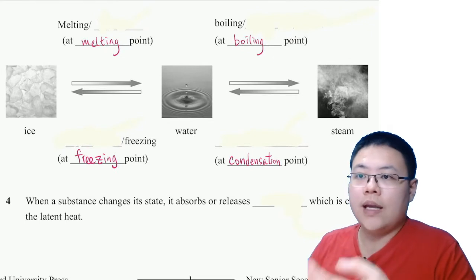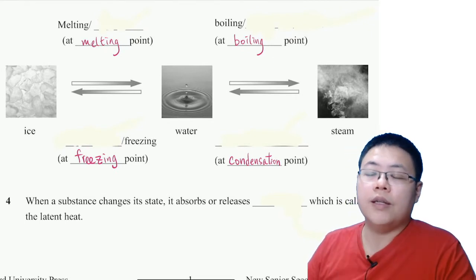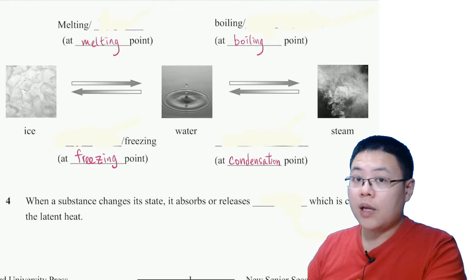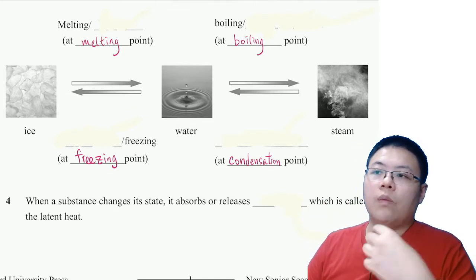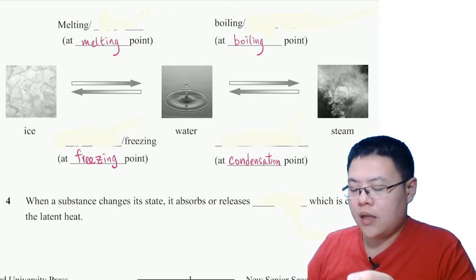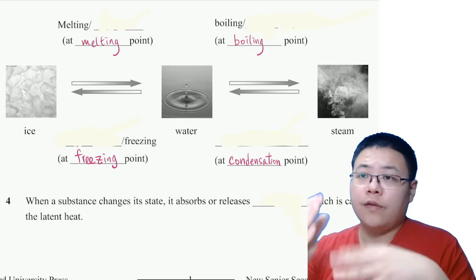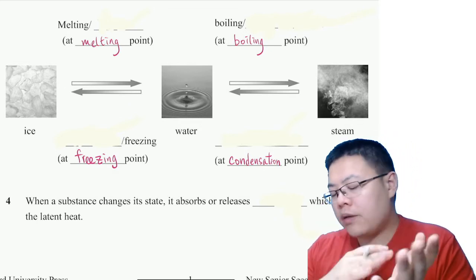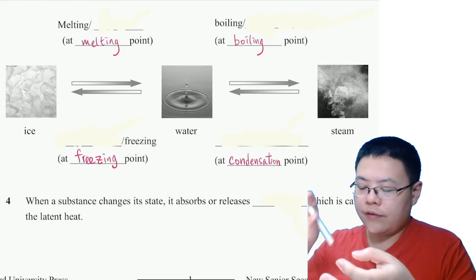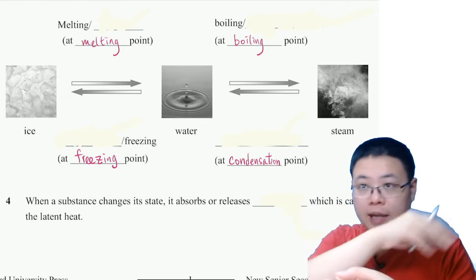Melting point and freezing point is 0 degrees Celsius. Boiling point and condensation point is 100 degrees Celsius. Then why do we have 2 names for one temperature? Actually, melting means from solid to liquid, and freezing means from liquid back to solid.